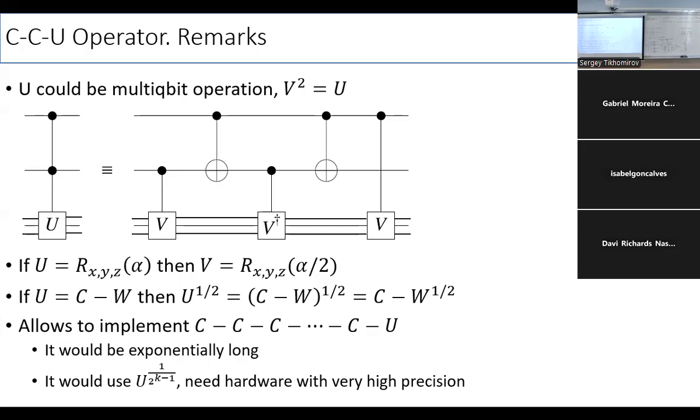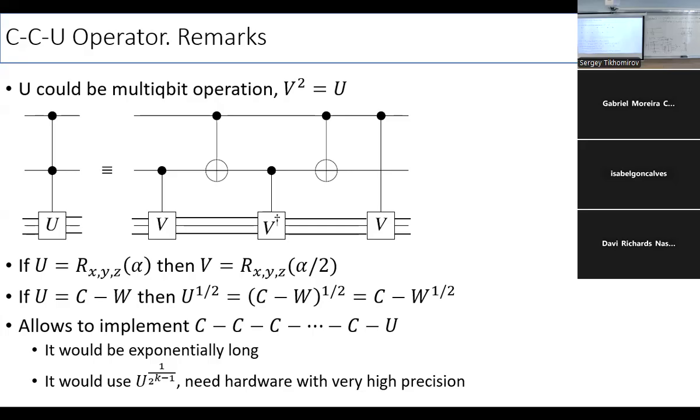So now my question. I have a controlled U, with 10 qubits controlling the execution of U, as a hypothetical situation. And I want to construct a scheme which would make only operations on 2 qubits and implement this long operator.